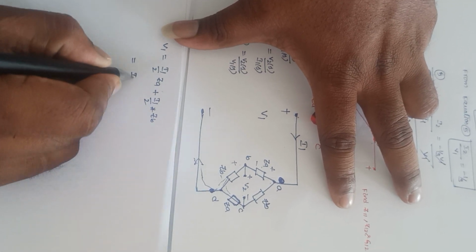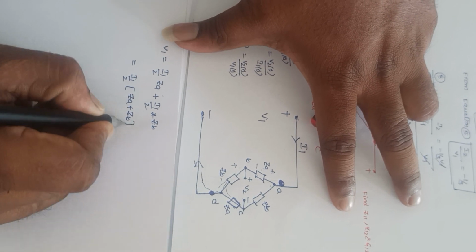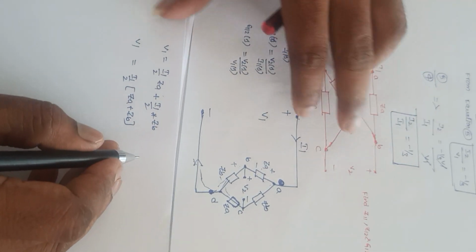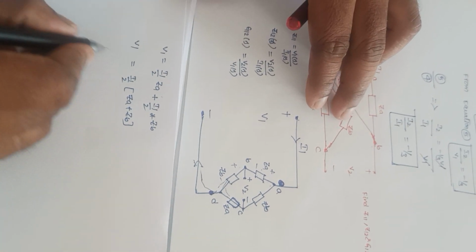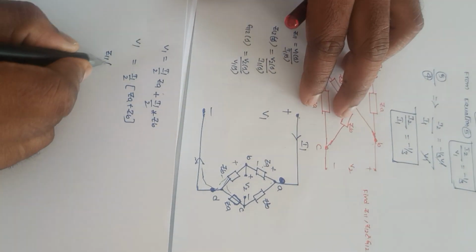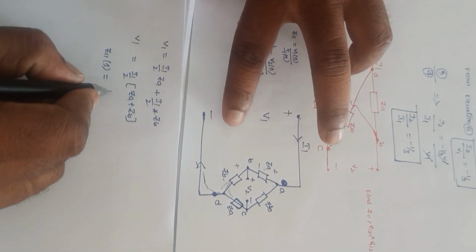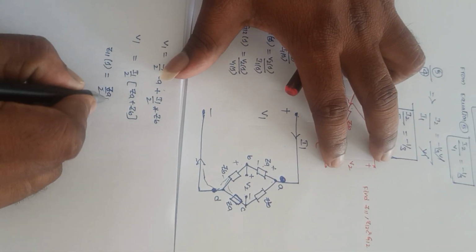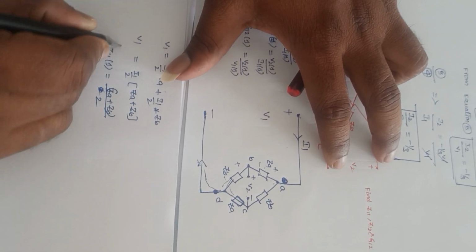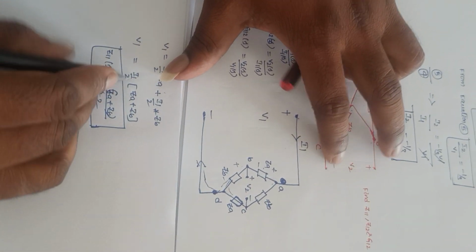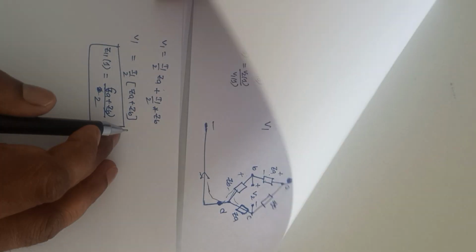If I take I1 by 2 as common, it is ZA plus ZB. So V1 is equal to I1 by 2 into ZA plus ZB. From this I can calculate Z11 of S, which is ZA plus ZB divided by 2.